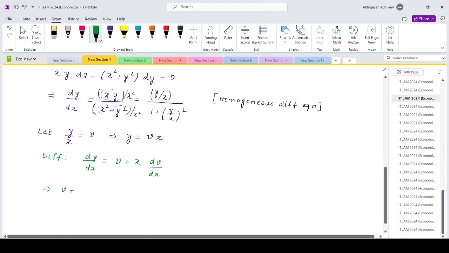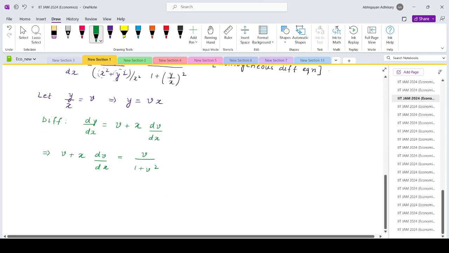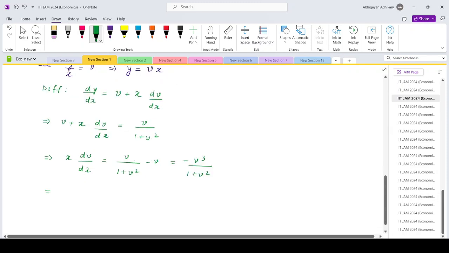So replace it: v plus x into dv/dx is equal to v divided by (1 plus v squared). So that becomes x times dv/dx is equal to v by (1 plus v squared) minus v. So that is minus v cubed by (1 plus v squared).